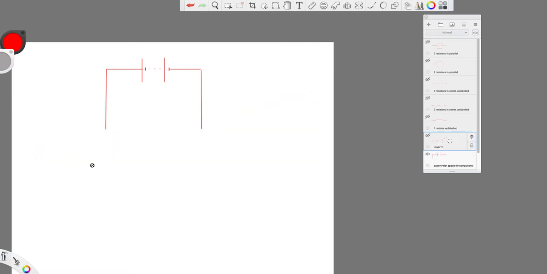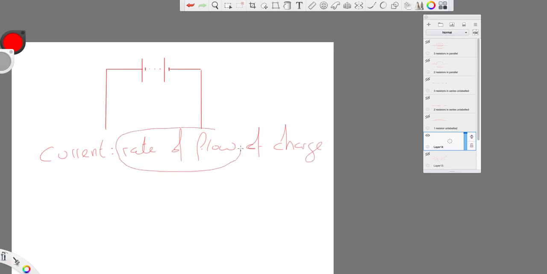Let's consider current then. Well, that is the rate of flow of charge. So rate of flow, that means it's got something to do with time, right? So that is per second.